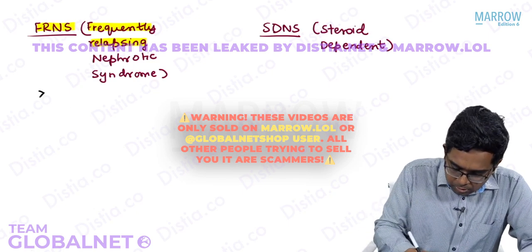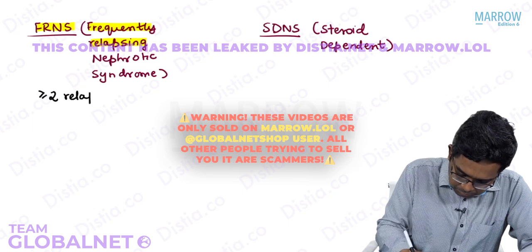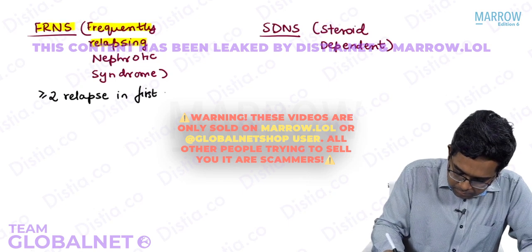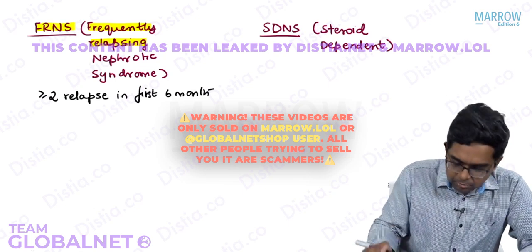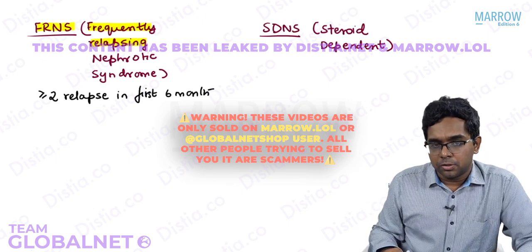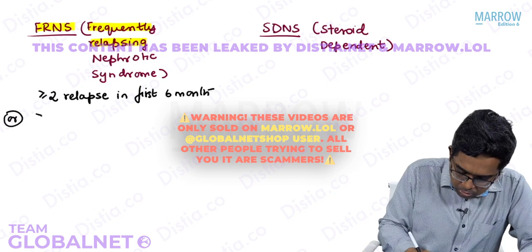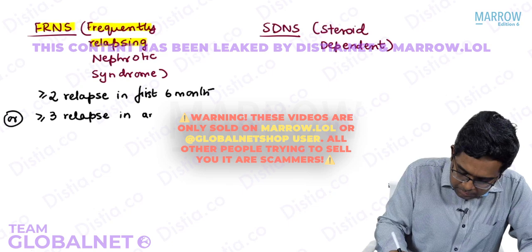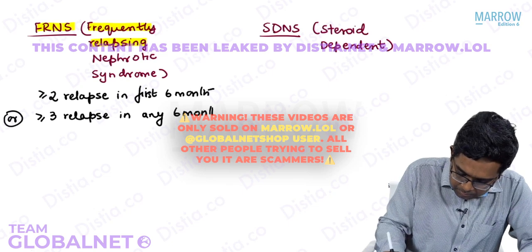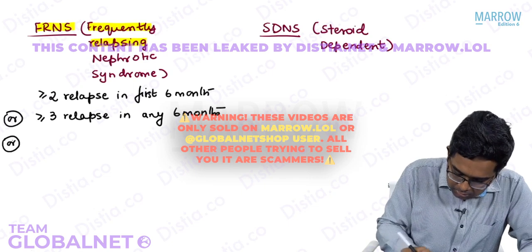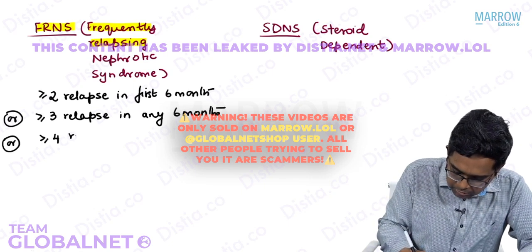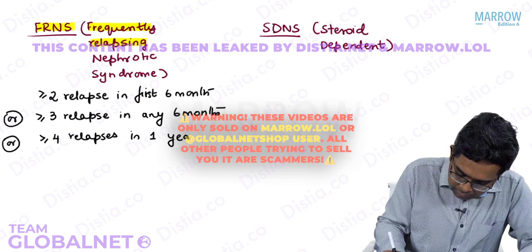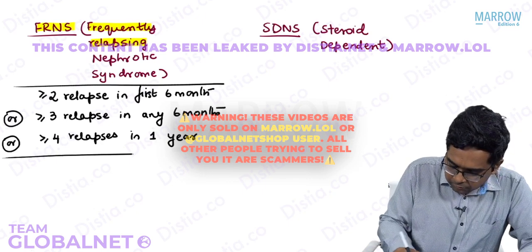It is more than or equal to 2 relapses in the first 6 months after the first episode, or more than or equal to 3 relapses in any 6-month time period, and the third definition is more than or equal to 4 relapses in 1 year. Then it is called frequently relapsing nephrotic syndrome.